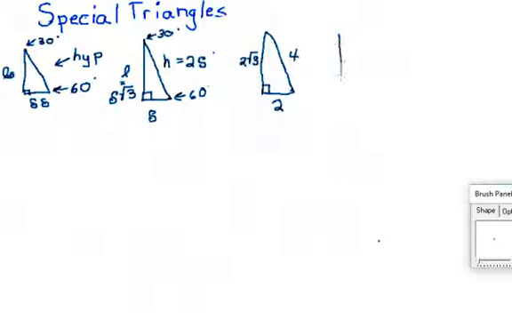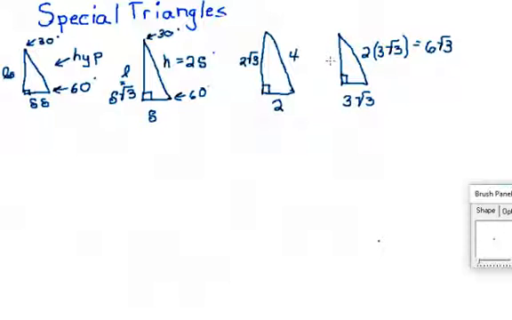Another example. If this is 3 square root of 3, then this side is 2 times 3 square root of 3, which equals 6 square root of 3.